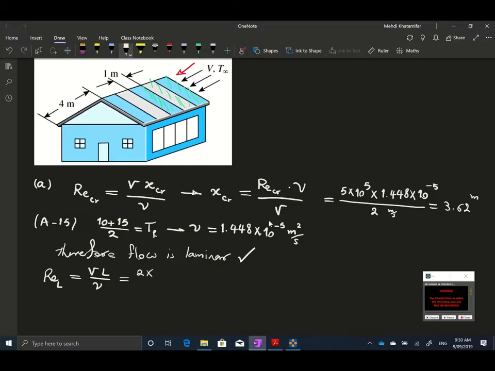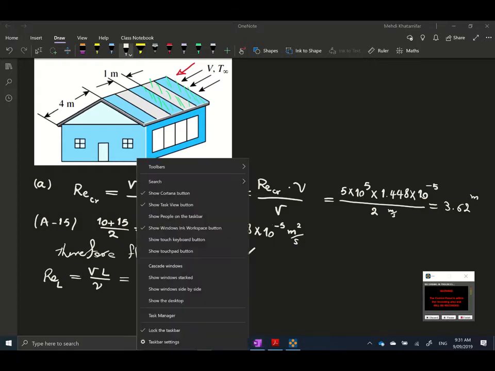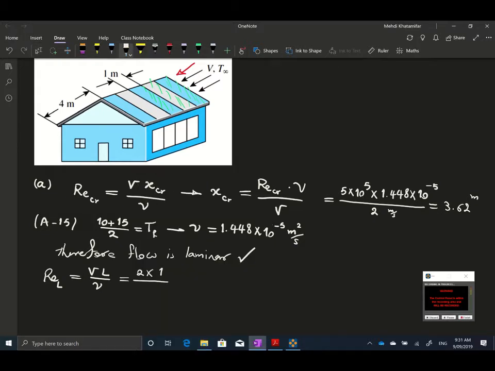Which length? I just want to find it for the first plate solar collector, which is 1 meter, divided by nu, which is 1.448 times 10 power minus 5. So the Reynolds number is going to be 1.381 times 10 power 5.